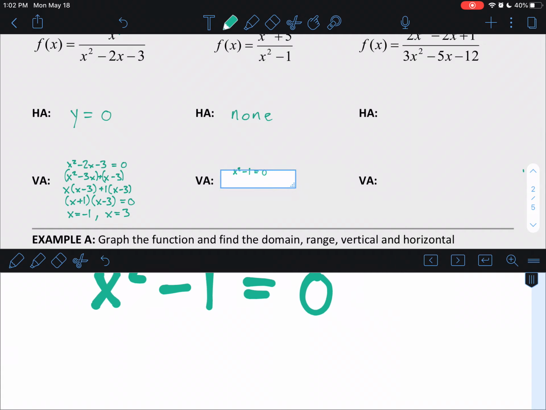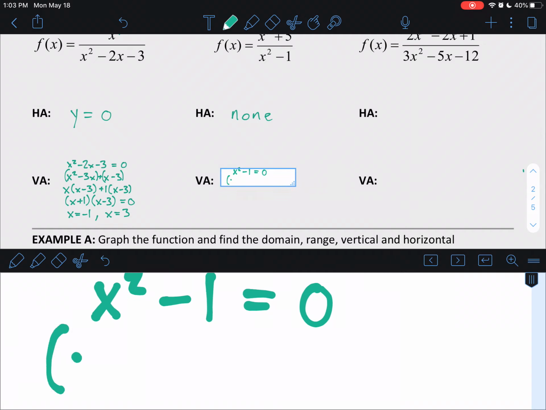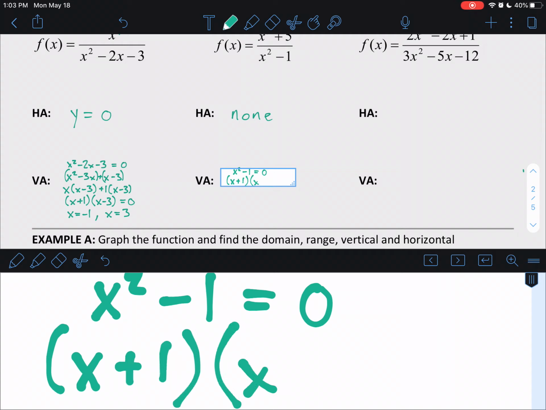Meaning the way we factor this is simply x plus 1 times x minus 1. And if you don't remember that, that's okay. It's from unit 1. We touched on it briefly, and you could factor this the normal way. It's just going to be a little bit trickier.